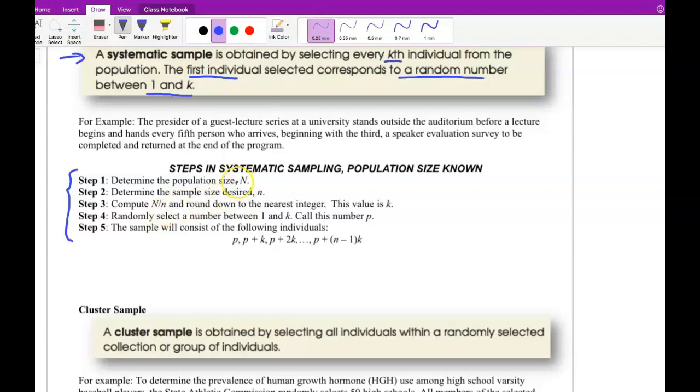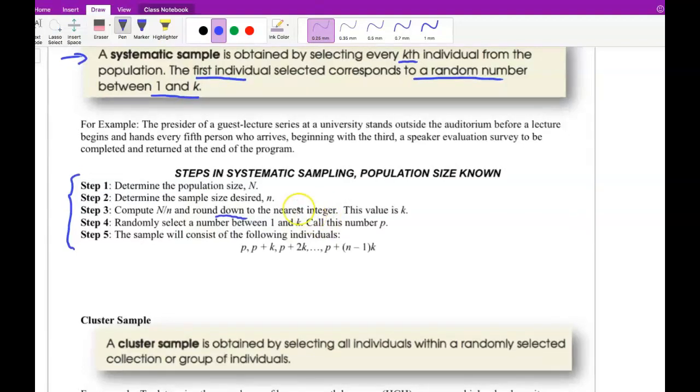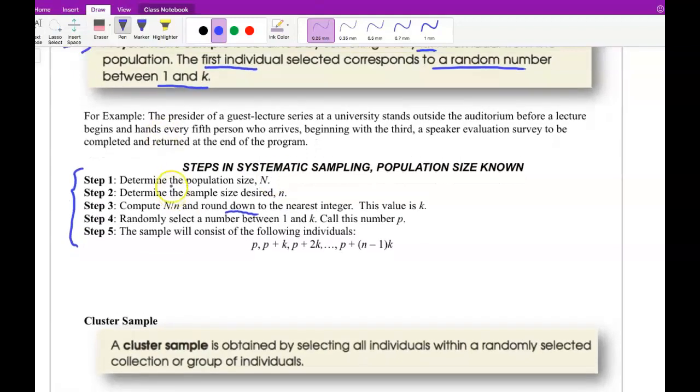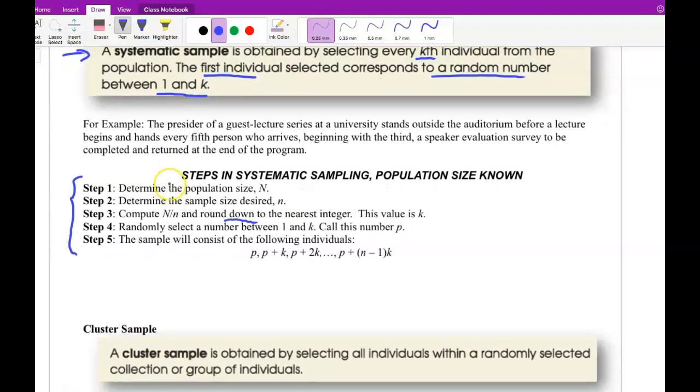So we divide the population size by the sample size and round down to the nearest integer. This value is k. So k is the population size divided by the sample size.